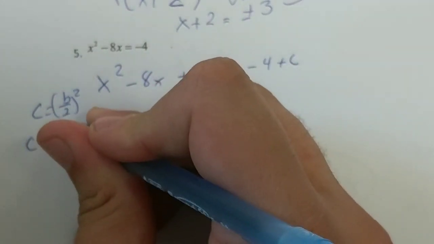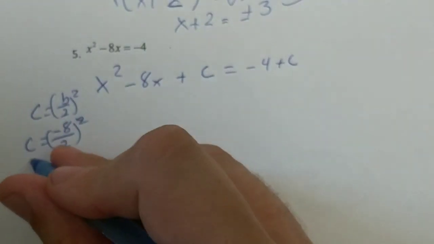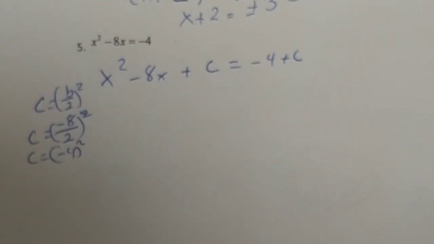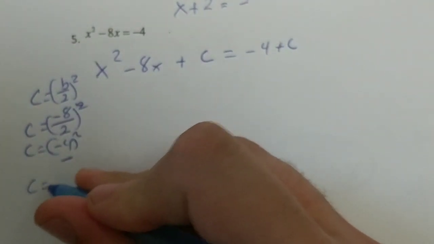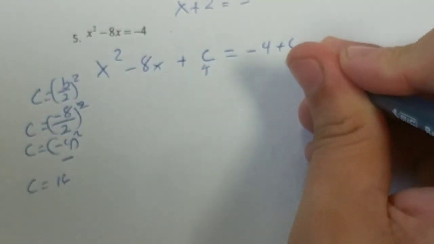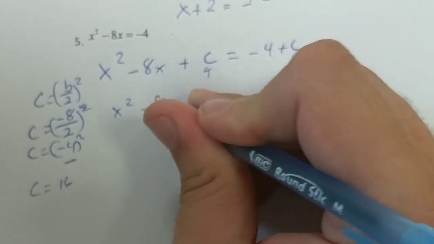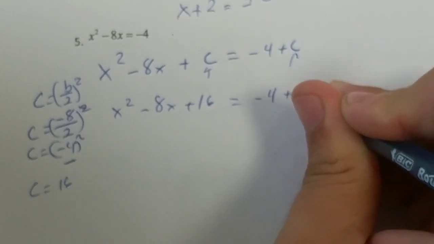So c equals negative 8 over 2 squared. C equals negative 4 squared. Remember, it's negative 4. Keep that in mind. So c equals 16. So I'm going to replace these c's with 16s. So x squared minus 8x plus 16 equals negative 4 plus 16.